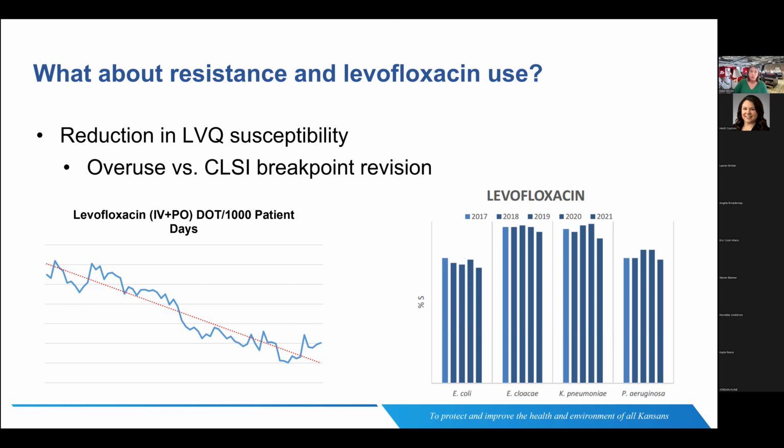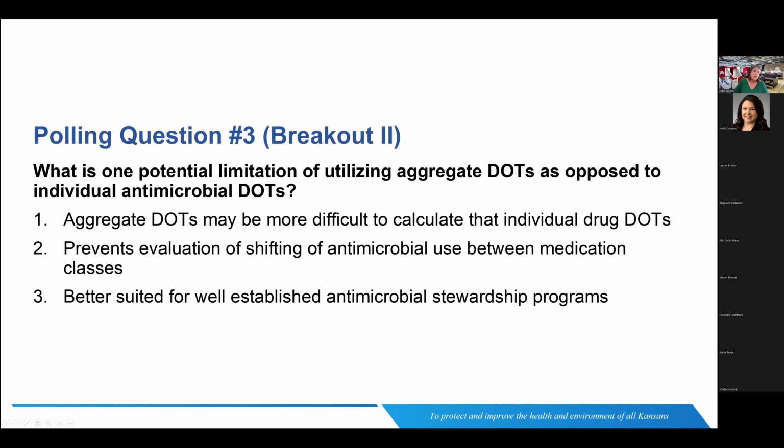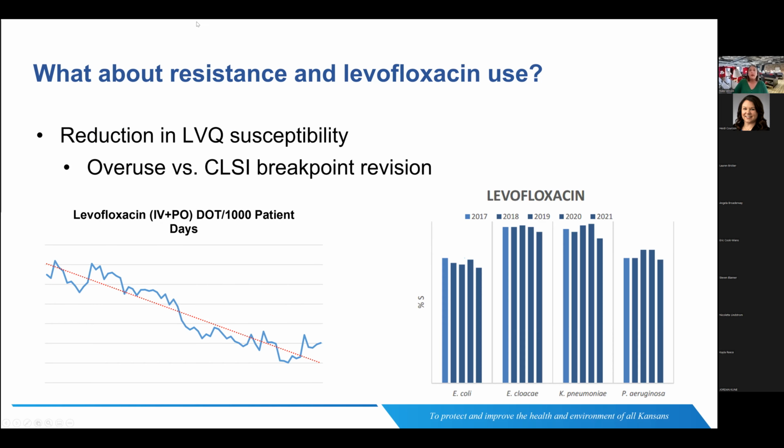With quinolones and levofloxacin specifically, it's great to include Pseudomonas in addition to your common enteric gram negatives, because that's really a workhorse pseudomonal drug. And so it may help explain where our levofloxacin use is going. There are a couple different ways you can use the levofloxacin data.